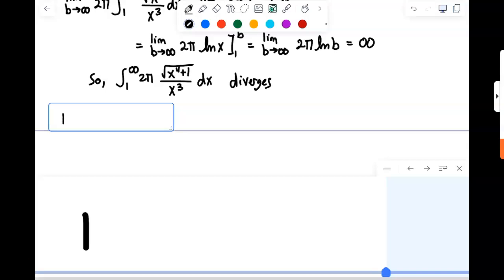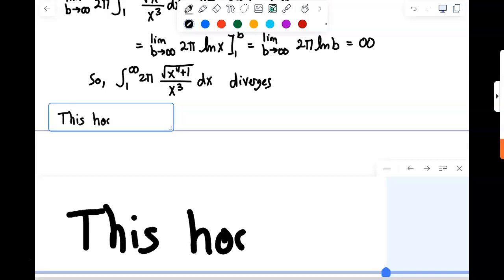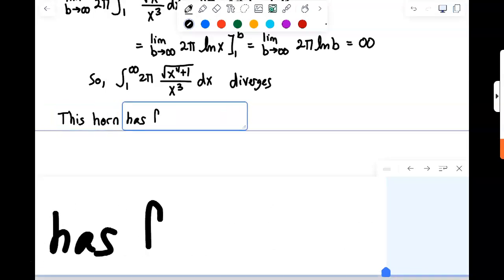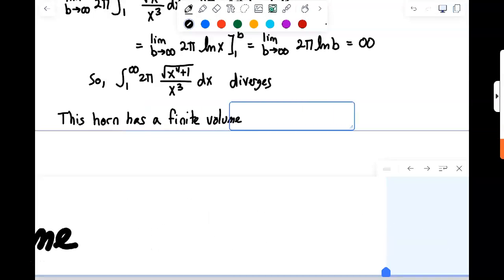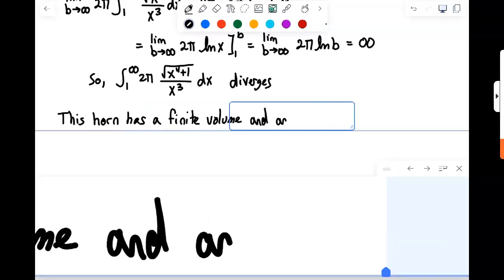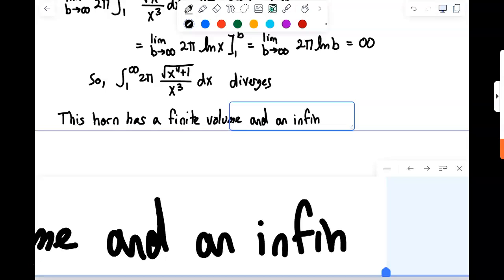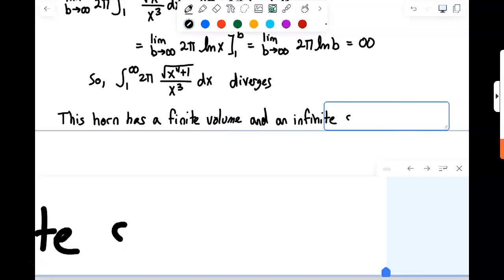This horn, this infinite horn, has a finite volume of pi, and an infinite surface area.